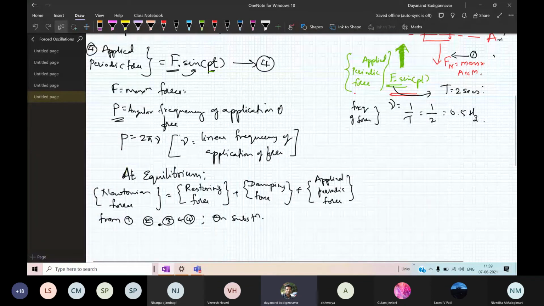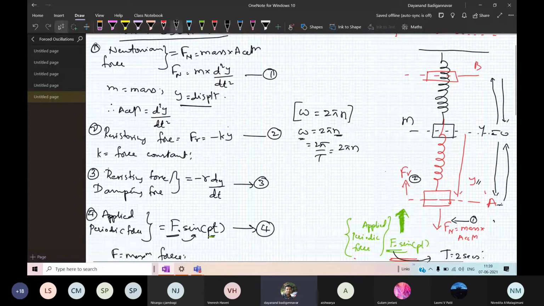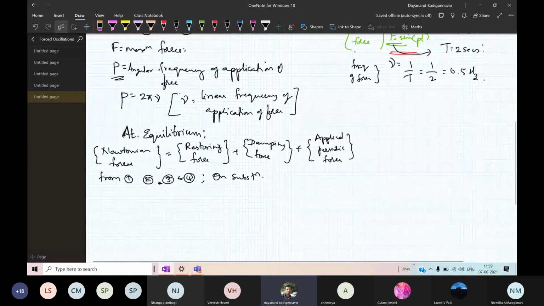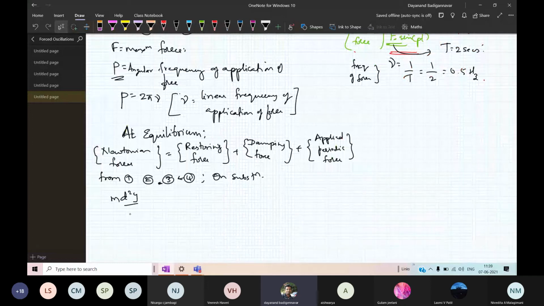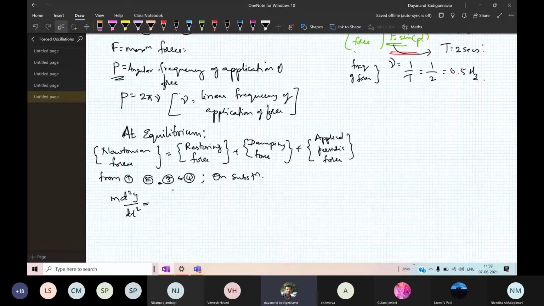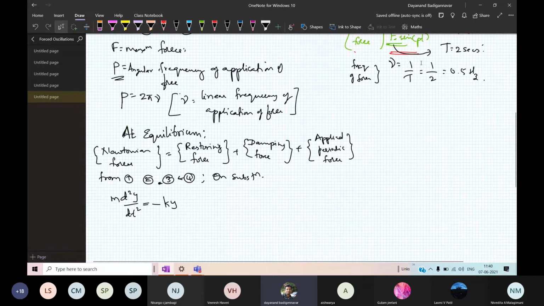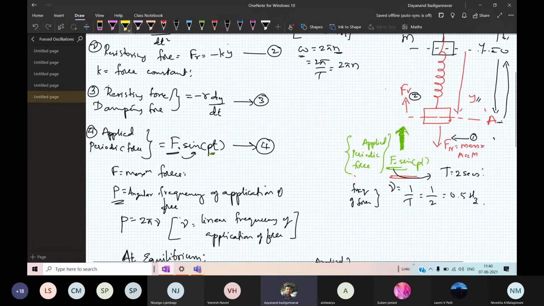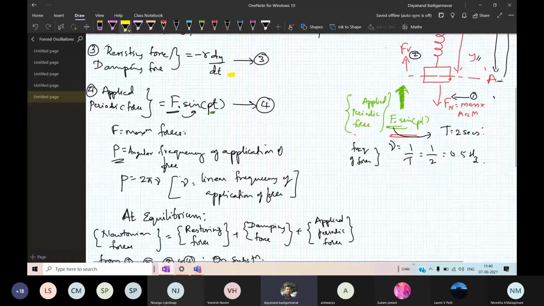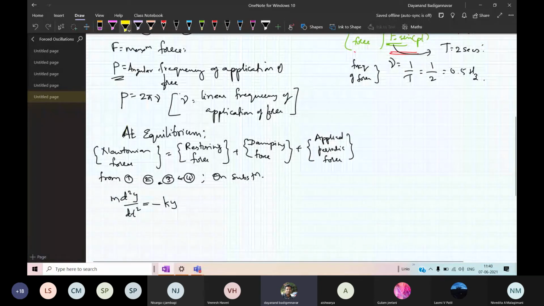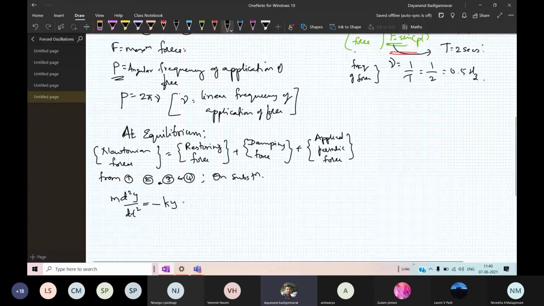So m into d2y by dt square is the Newtonian force, equal to the restoring force, which is minus k into y, plus the damping force. Damping force is equation number 3, which is minus r into dy by dt.